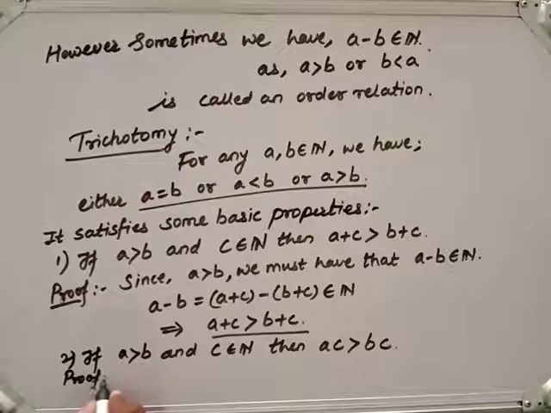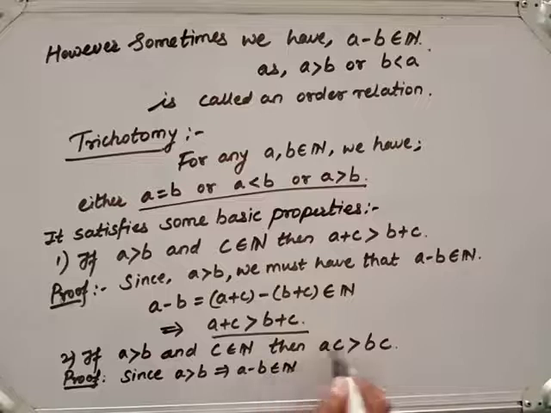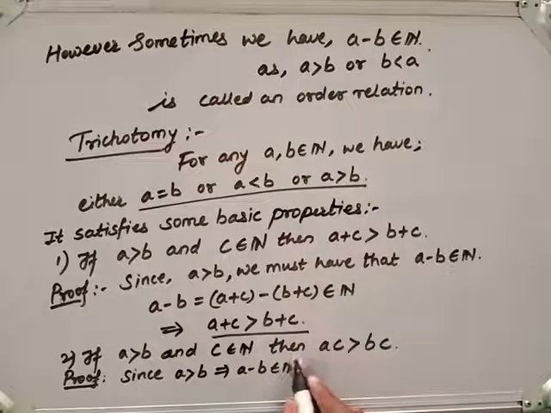Again in a simple way we can prove it. Since a is greater than b, this implies a minus b belongs to the set of natural numbers.